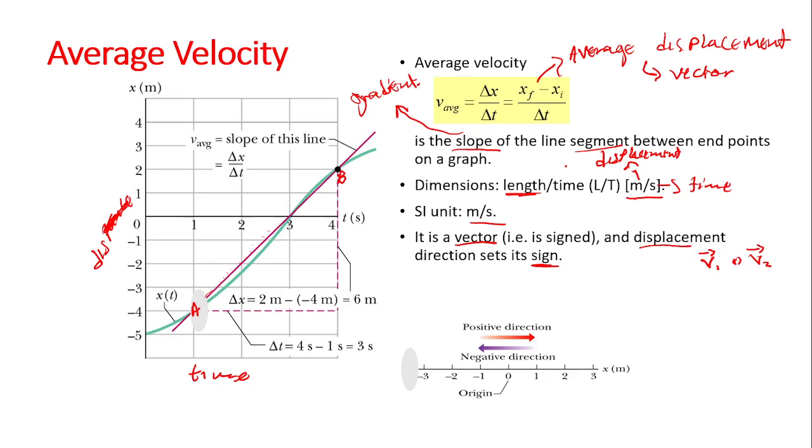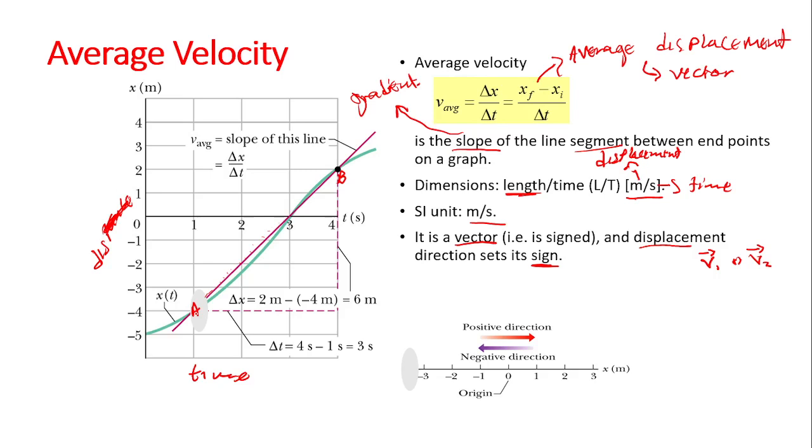So if an object moves from point A to point B, you need to consider the movement. Since it has moved from point A to point B, this is in the positive direction.